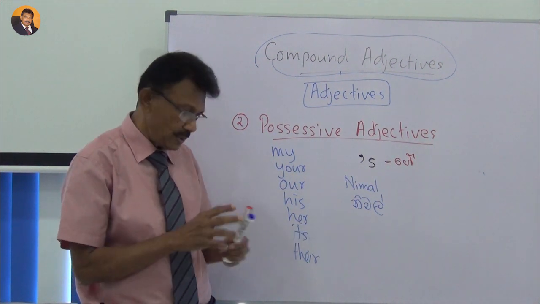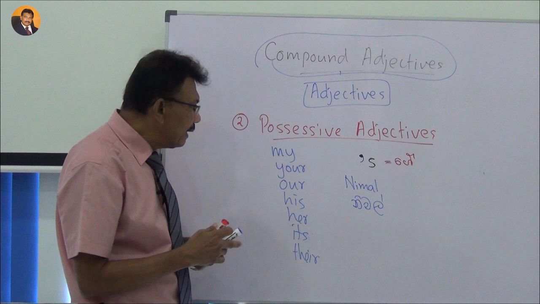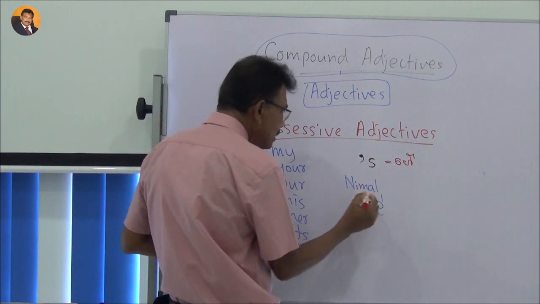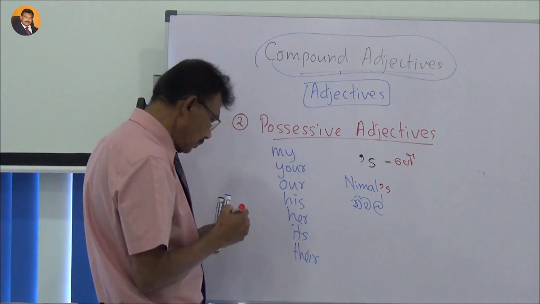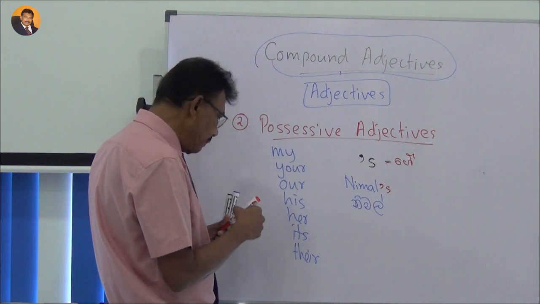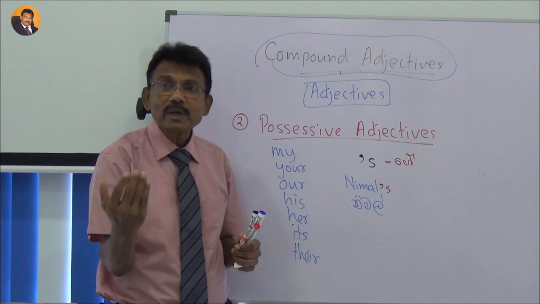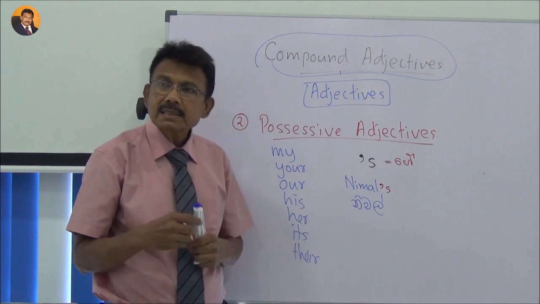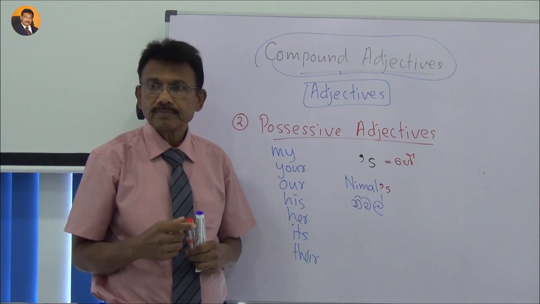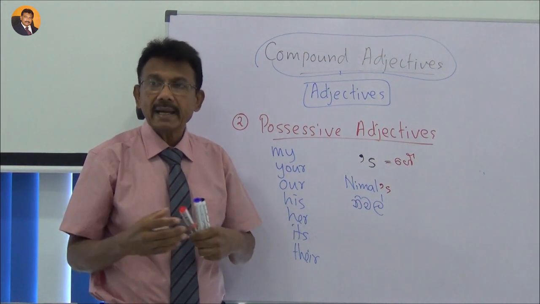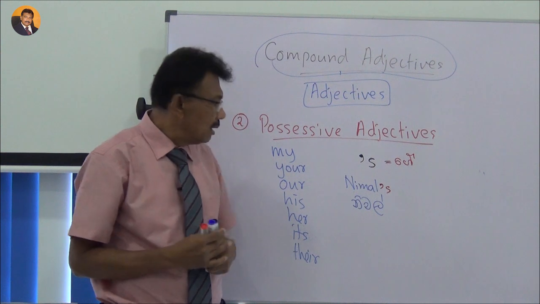Now if you add apostrophe and s, this means belongs to Nimal. Nimal's pen, Nimal's house, Nimal's bag, okay?